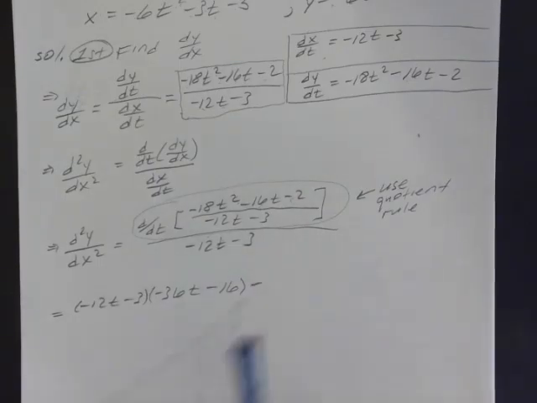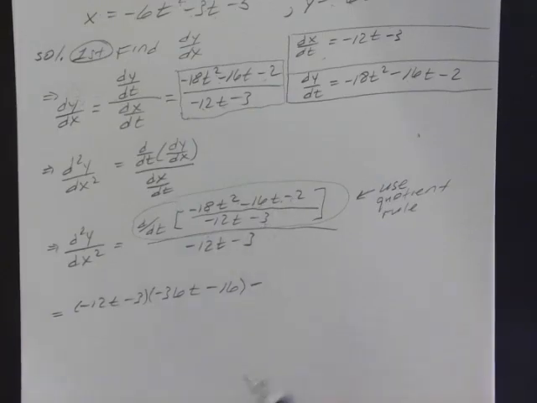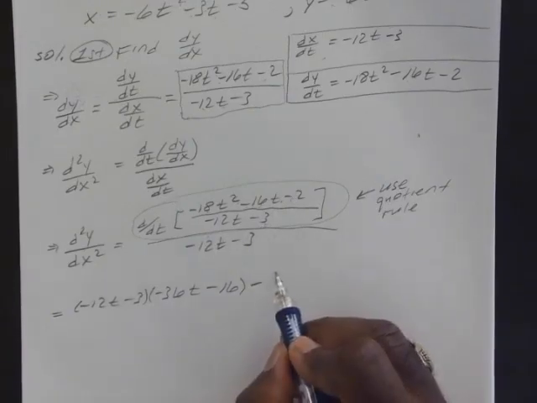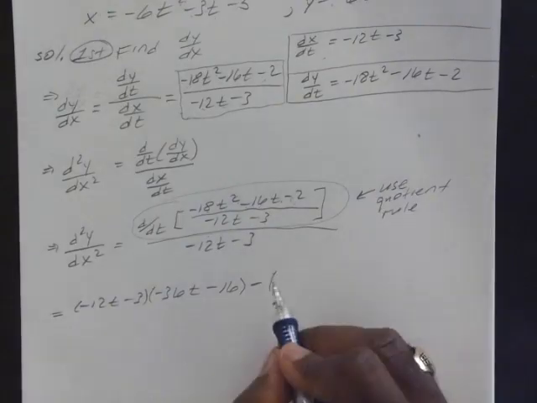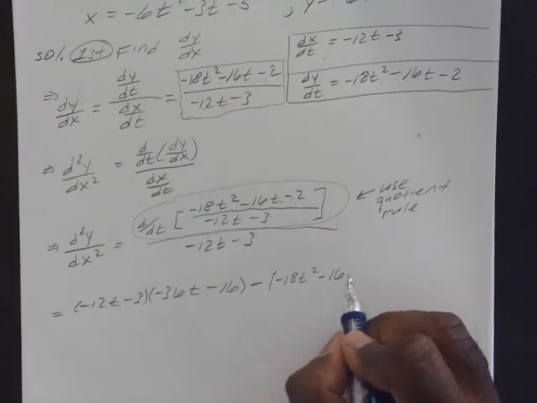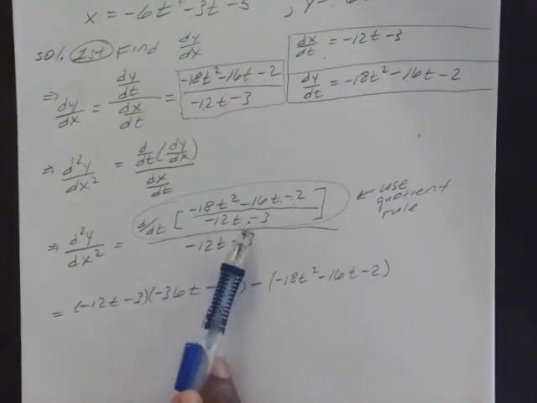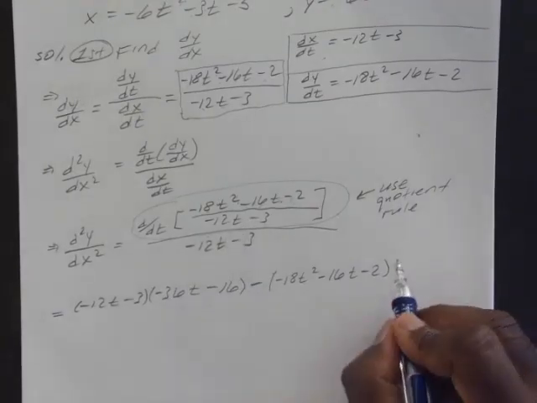Okay, minus the numerator times the derivative of the denominator. So you have negative 18t squared minus 16t minus 2 times the derivative of your denominator, which is just negative 12.